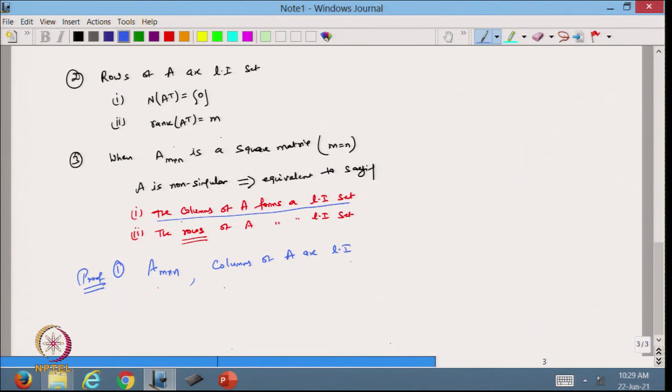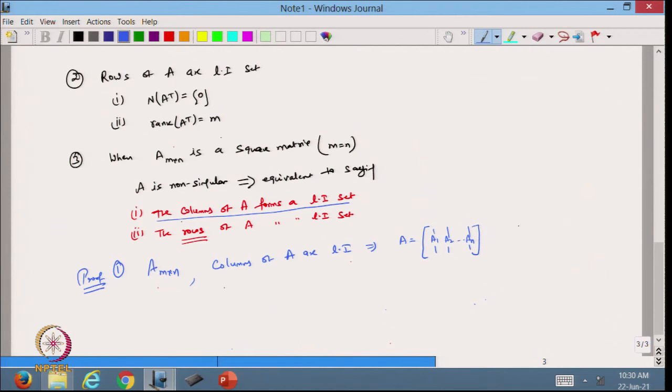I am saying that the columns of A are linearly independent, which implies that, so I have a matrix, and that matrix has columns, which I can write as A1, A2, up to An, n number of columns, and these are linearly independent.